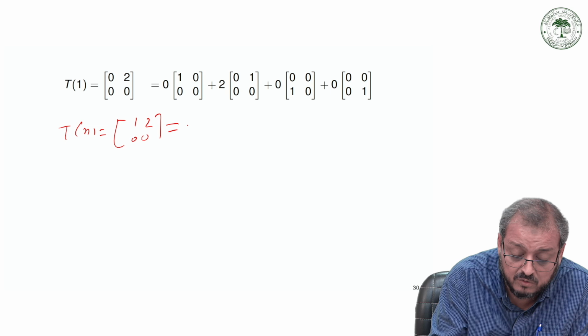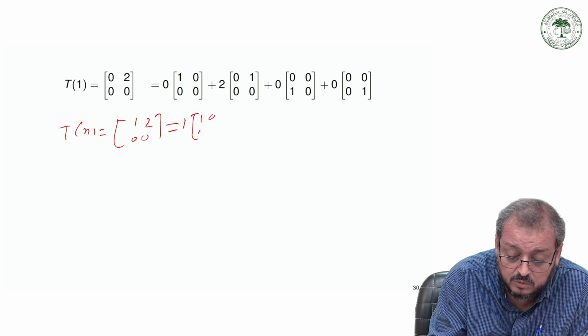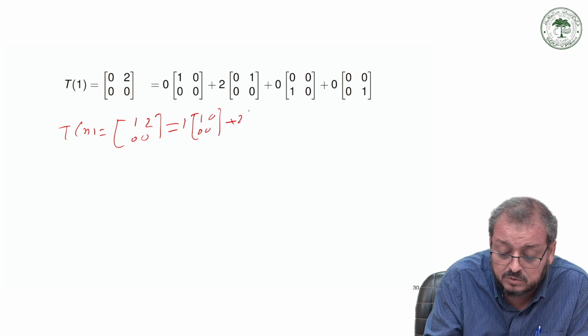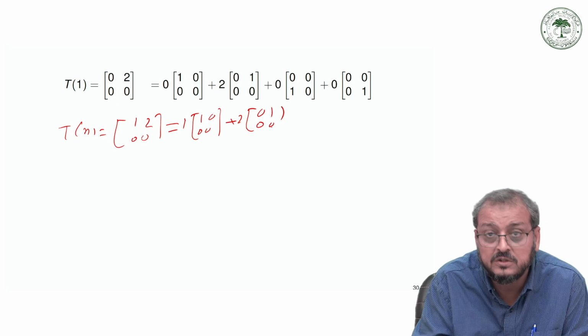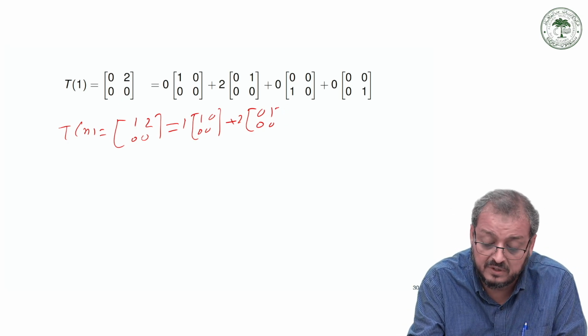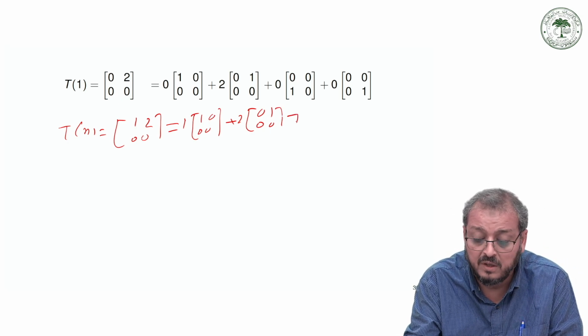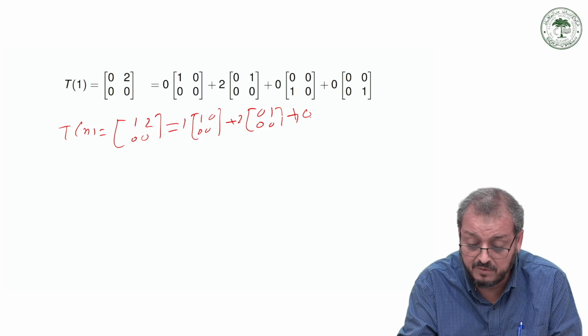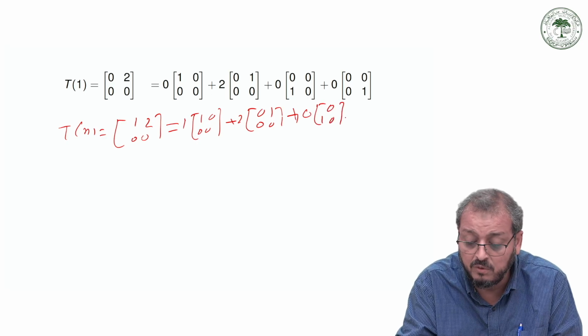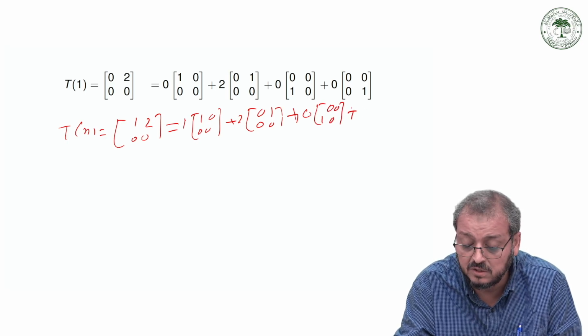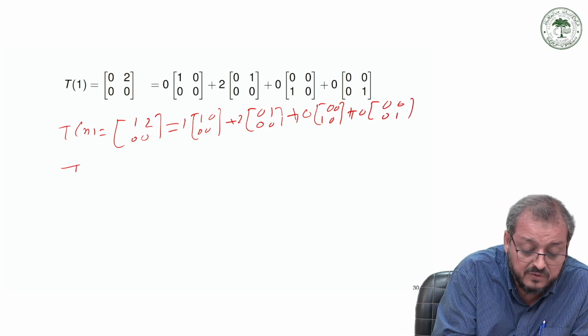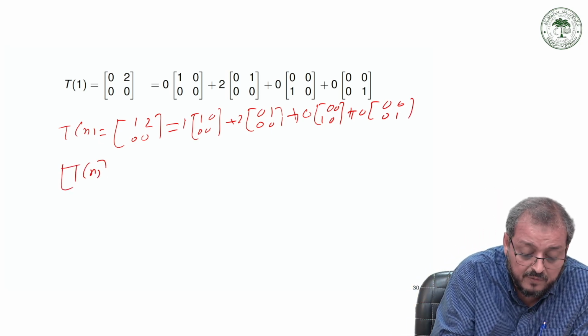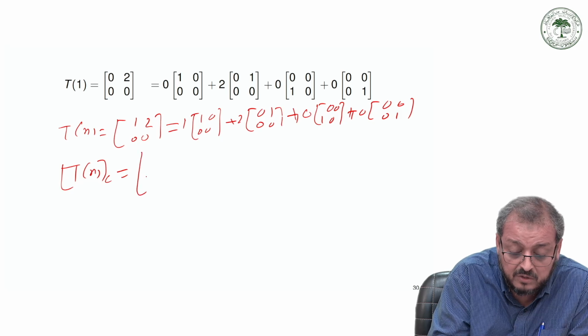This can be written as 1 times 1 0 0 0 plus 2 times 0 1 0 0 plus 0 times 0 0 1 0 plus 0 times 0 0 0 1. So we can say that T of x corresponding to C is the column vector 1 2 0 0.